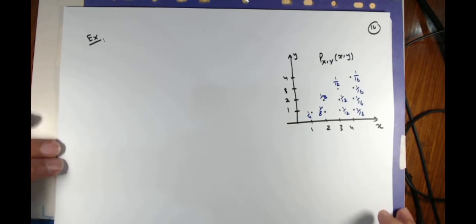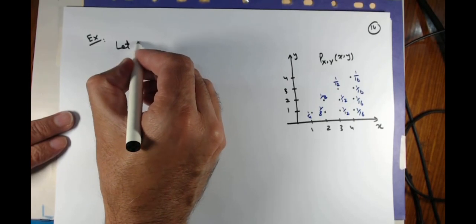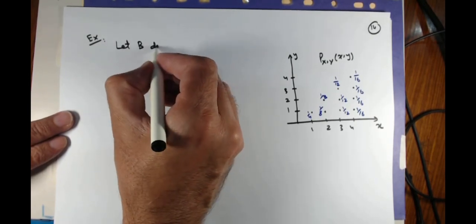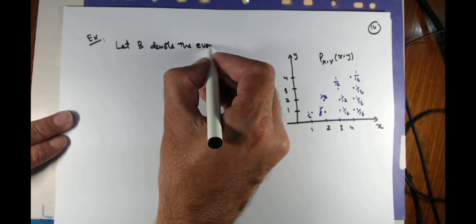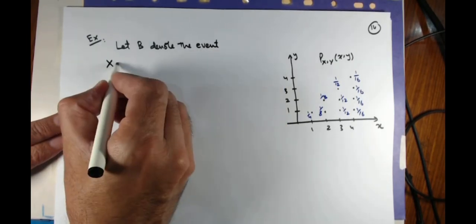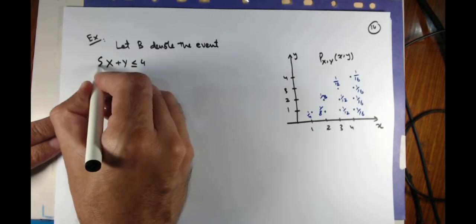And now we say that let B denote the event x plus y less than or equal to 4.